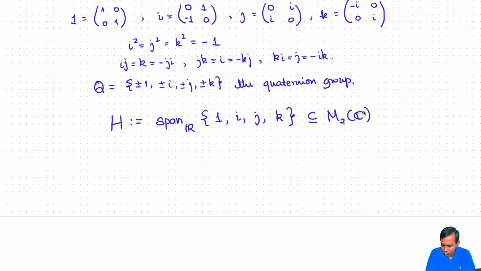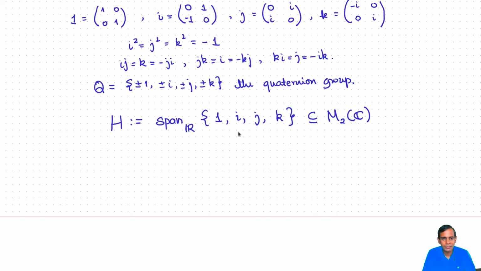Now this is a 4-dimensional vector space over the complex numbers, and therefore an 8-dimensional vector space over the real numbers. And H is a 4-dimensional subspace of that 8-dimensional vector space, spanned by these 4 obviously linearly independent vectors.